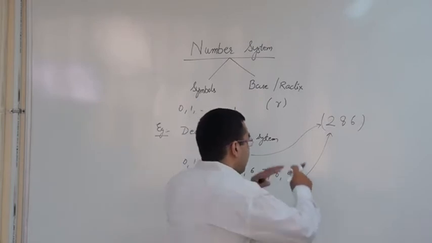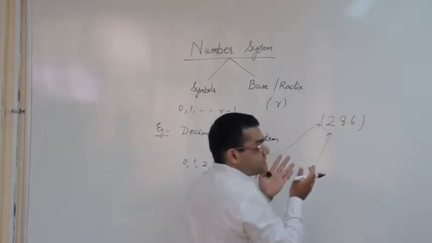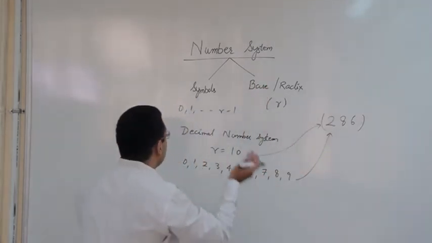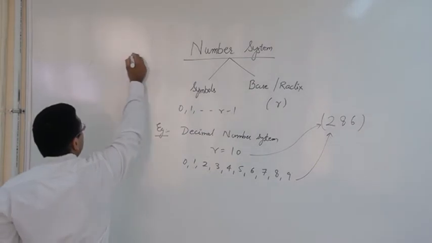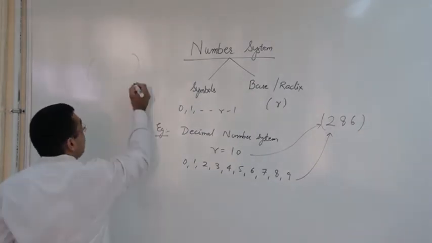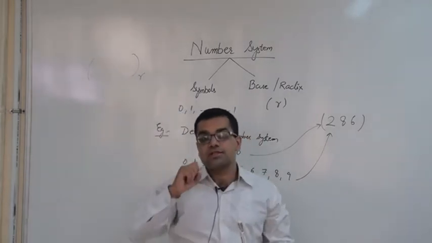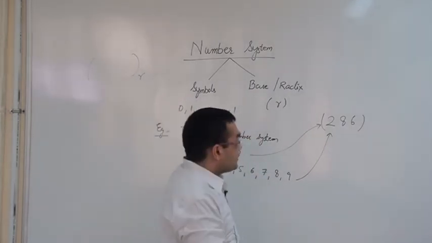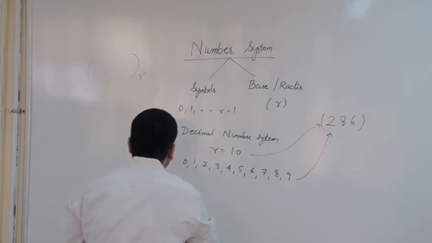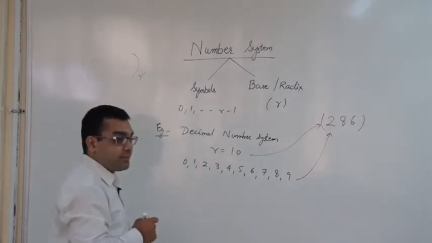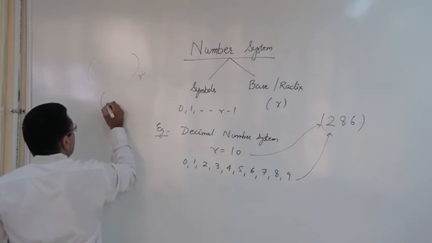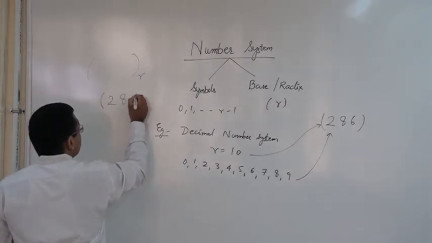Any number that we represent is always written in brackets, and in the base we write the radix to which the number or the symbol belongs. Say for example, we have 286. So we will write 286 in this form.